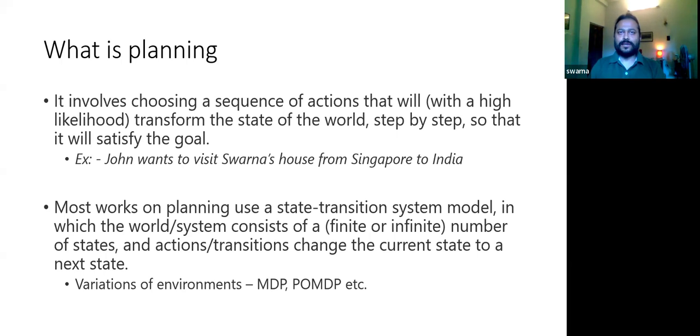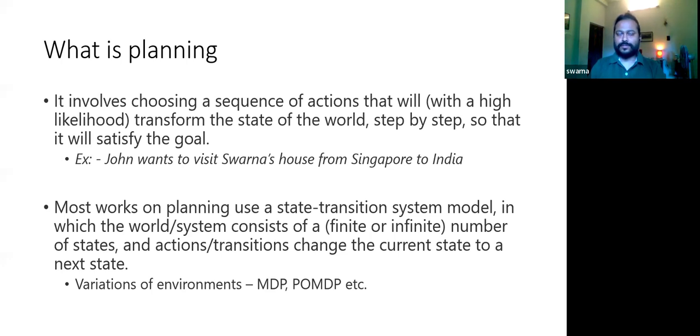So probably first he has to take a taxi to go to the airport, and then probably he has to buy a ticket in the airport from Singapore to Kolkata. And then after arriving in Kolkata, he has to again probably take a taxi and travel to my house. Now, there can be a lot of different options at different states.